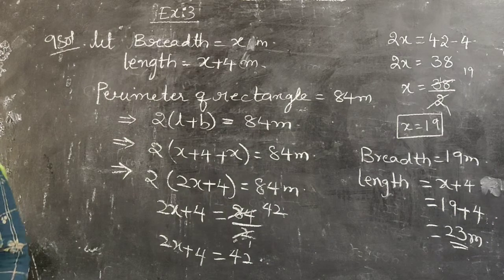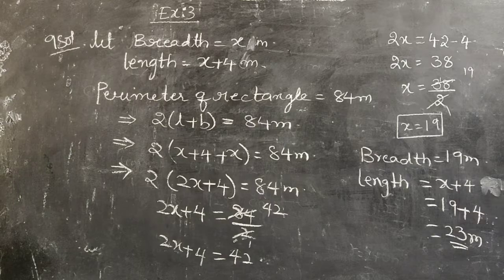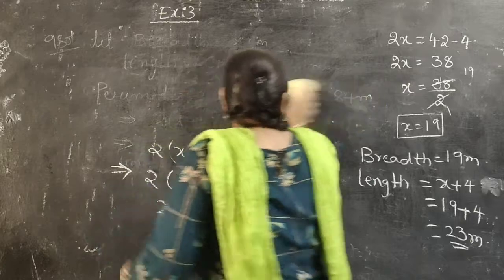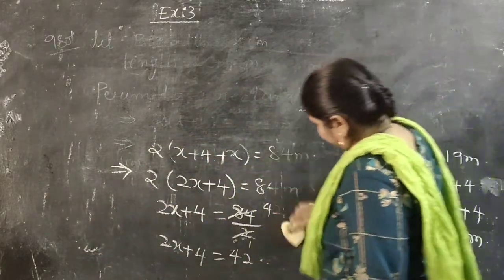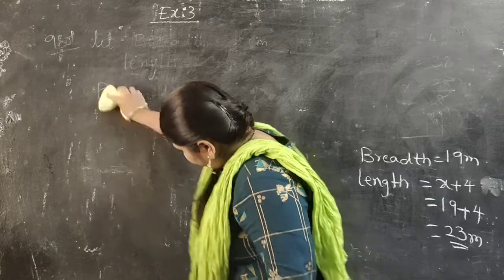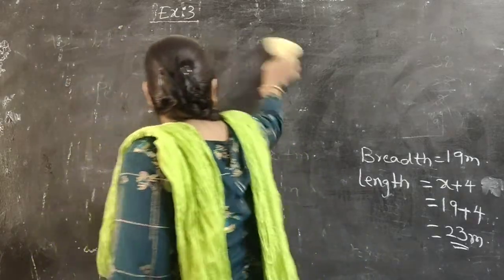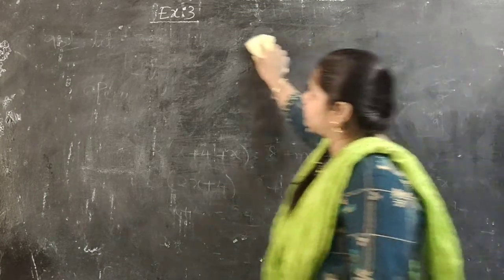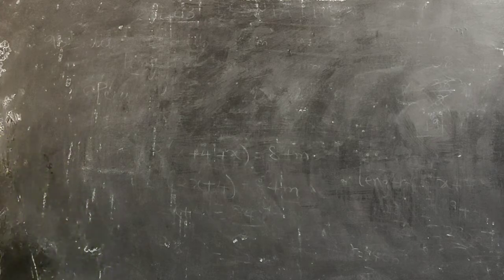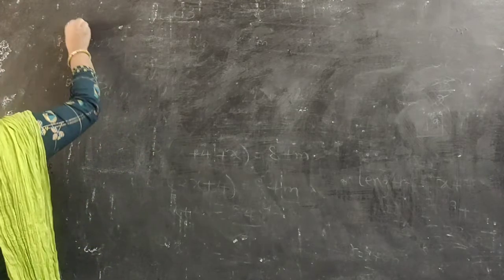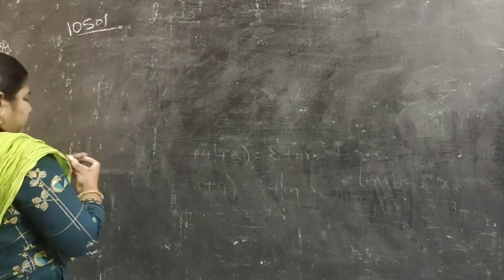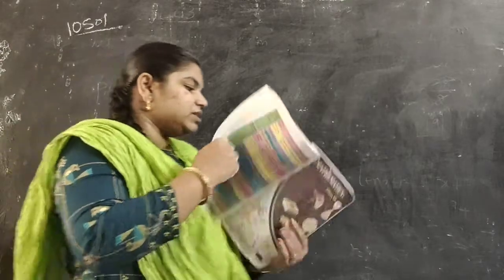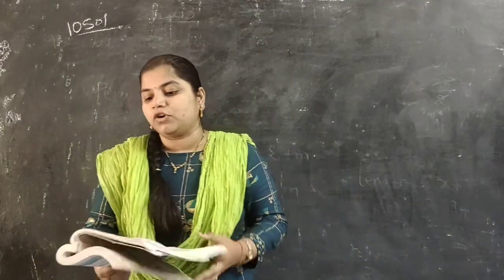Next is 10th one. So 10th one, after 15 years, Hema's age will be 4 times that of present age.